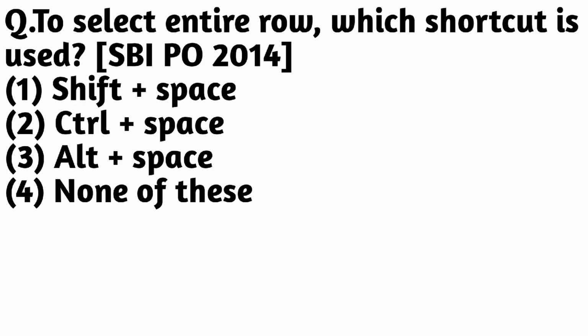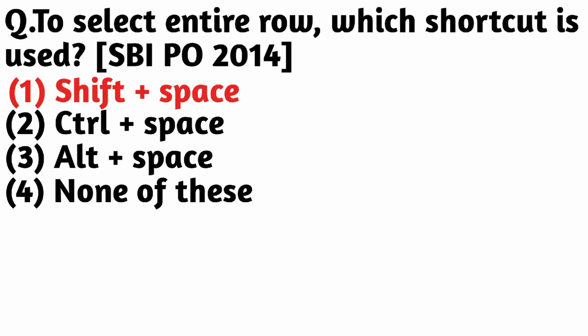Next question. To select entire row, which shortcut key is used? Option 1 Shift plus space, option 2 Ctrl plus space, 3 Alt plus space and 4 none of these. The correct answer is option 1 Shift plus space.